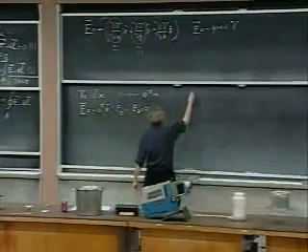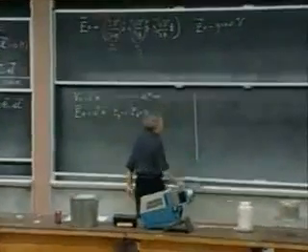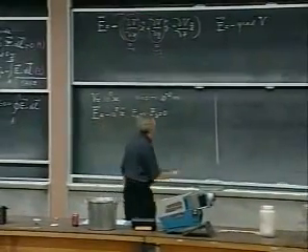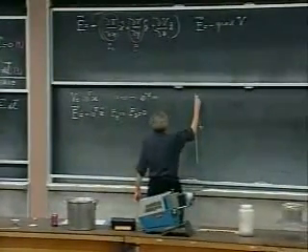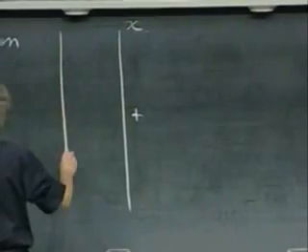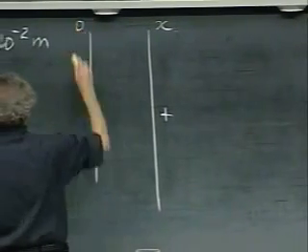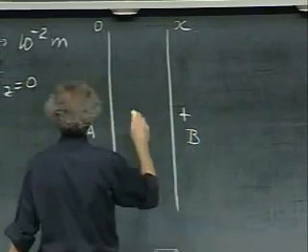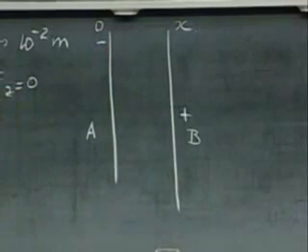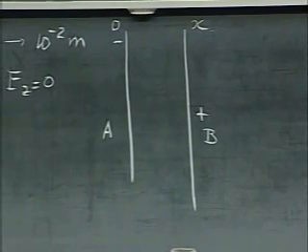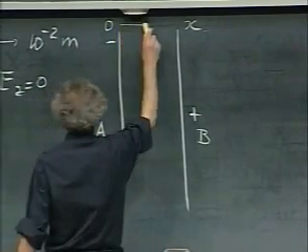Imagine that I have here a plate which is charged with positive charge. And the plate is at location x. And I have another plate here, say at location 0. I call this plate A, and I call this plate B. And this plate is charged negatively. So x goes in this direction.